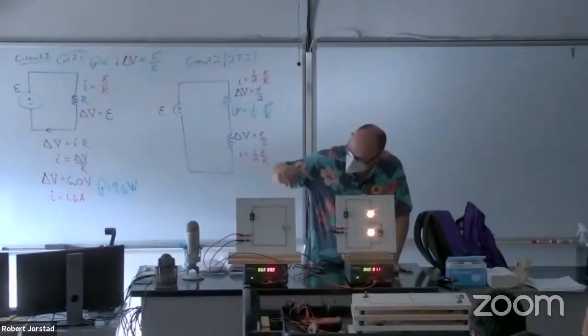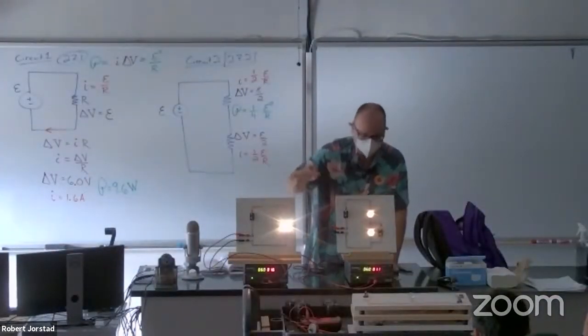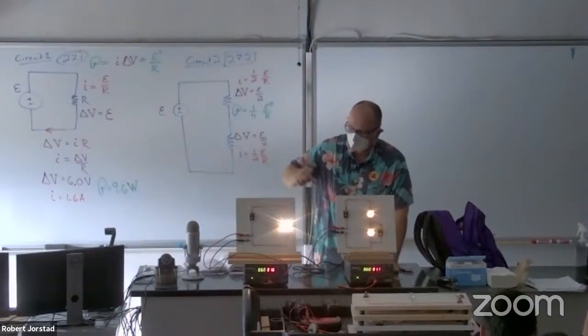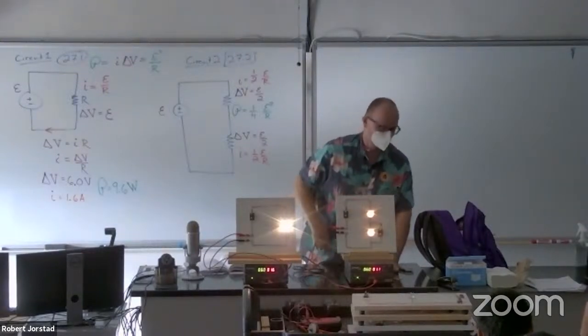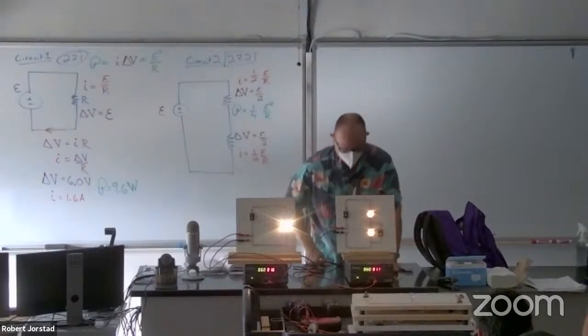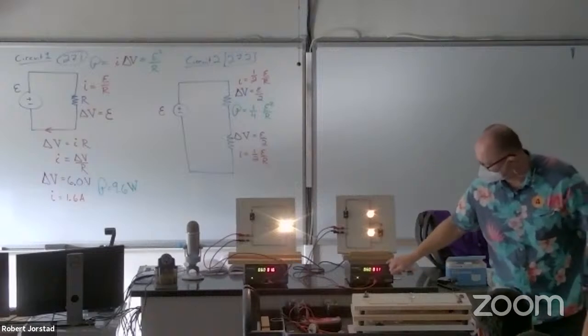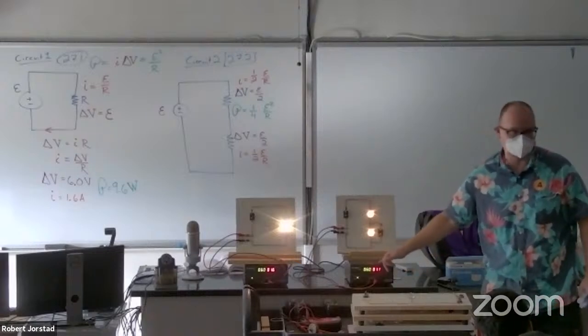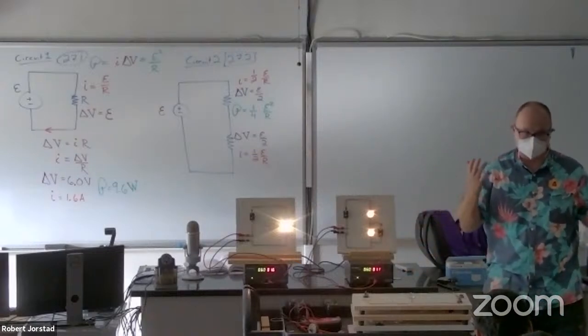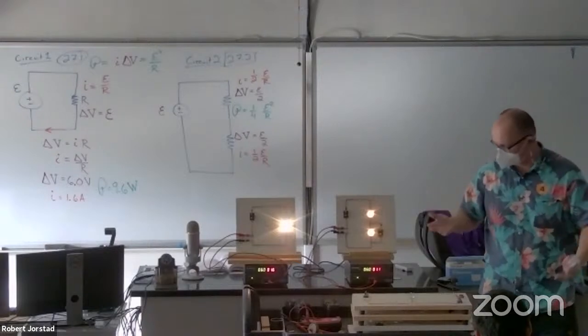I don't know if you can see that. Clearly, it's less bright. Do you agree? That looks like a quarter brightness, don't you think? Exactly. Quarter brightness. Look at the current. It's not exactly half, is it? So this temperature thing is a huge factor in real life.